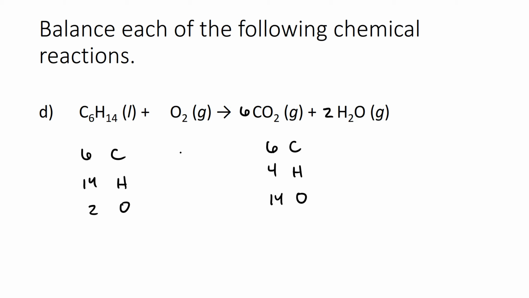And let's see, to balance the hydrogens over here on the right, I need to get 14 of them, so I'm going to put a 7 out here. That's going to give us 14 hydrogens. But now we have 7 plus 12, 19 oxygens.